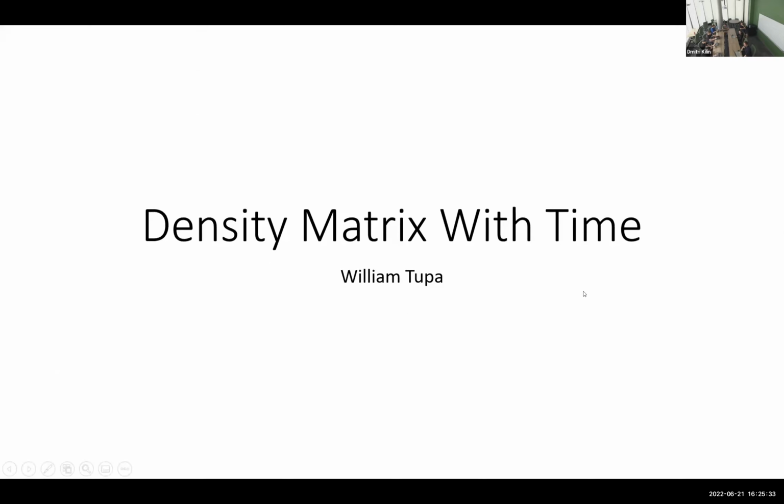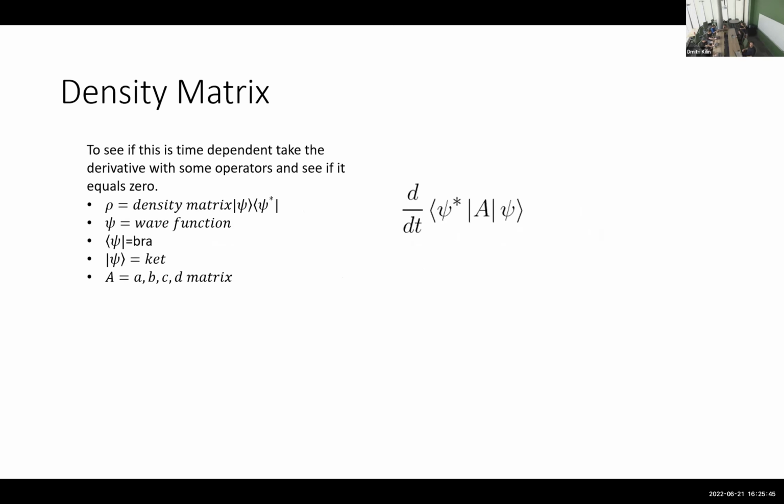I am William, and I'll be showing you guys how we find out if the density matrix is time dependent or not. To get some things out of the way, we don't see rho right now, but that is what our density matrix is, which is our wave function and the complex conjugate of it, and these brackets right here are our bra and our ket.